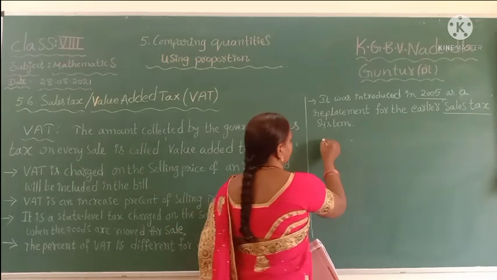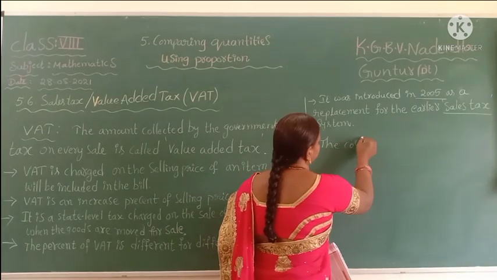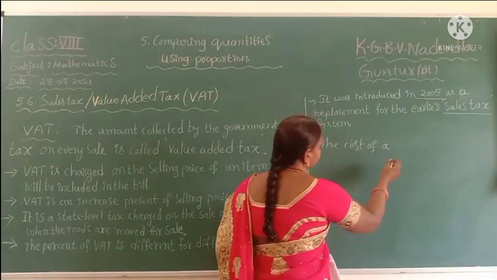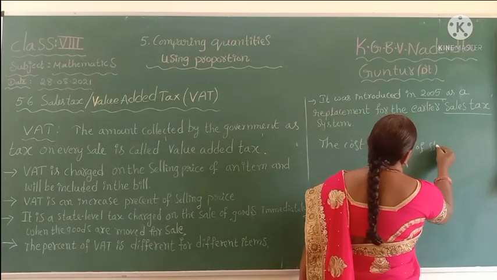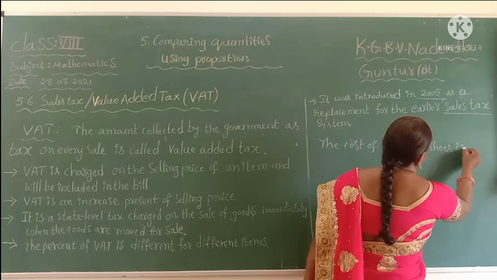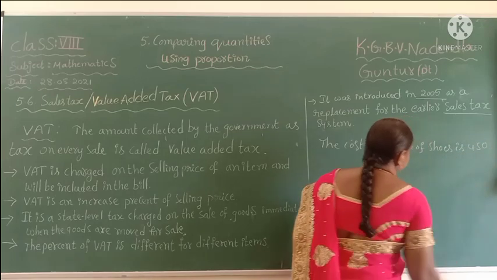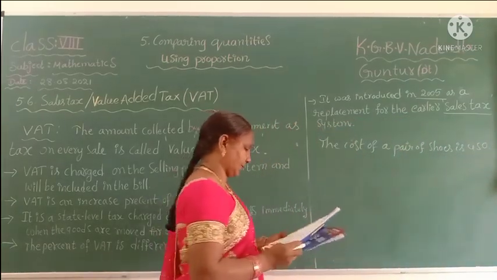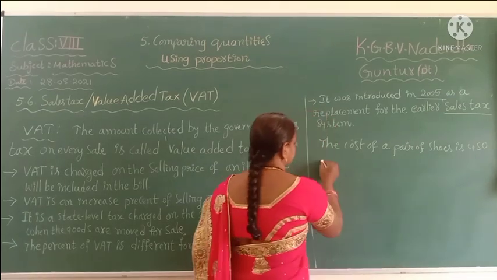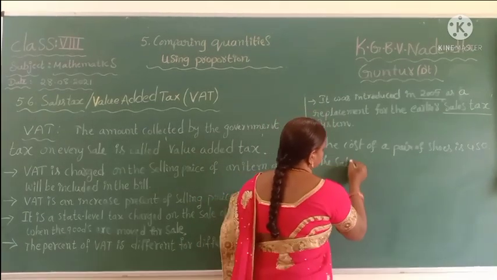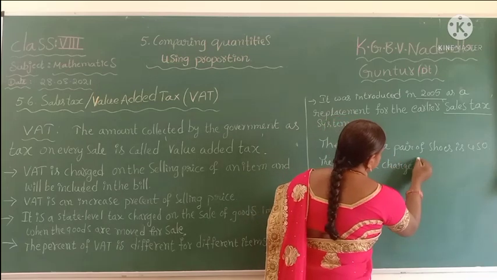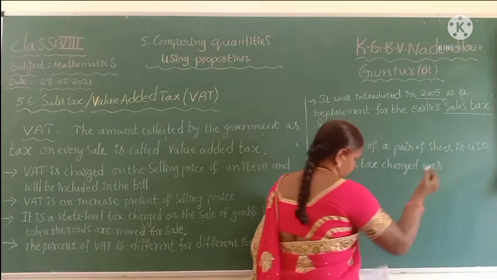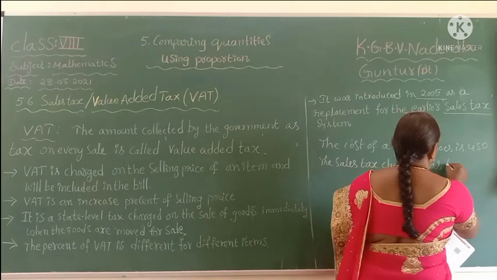If the cost of a pair of shoes is 450 rupees, the sales tax charged is 6%.